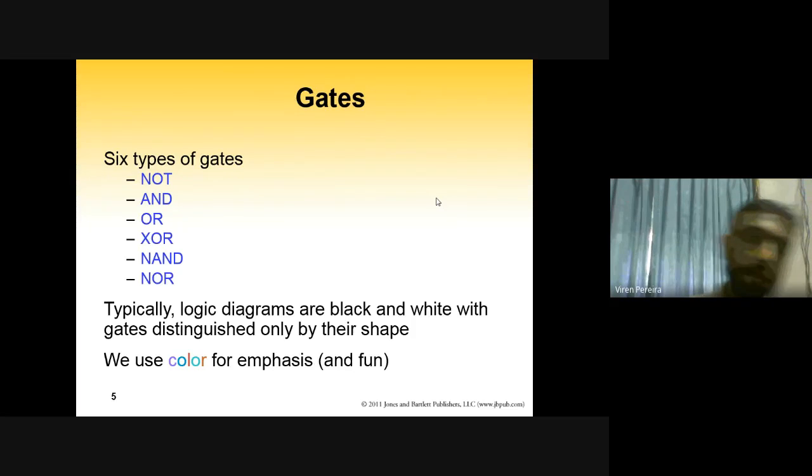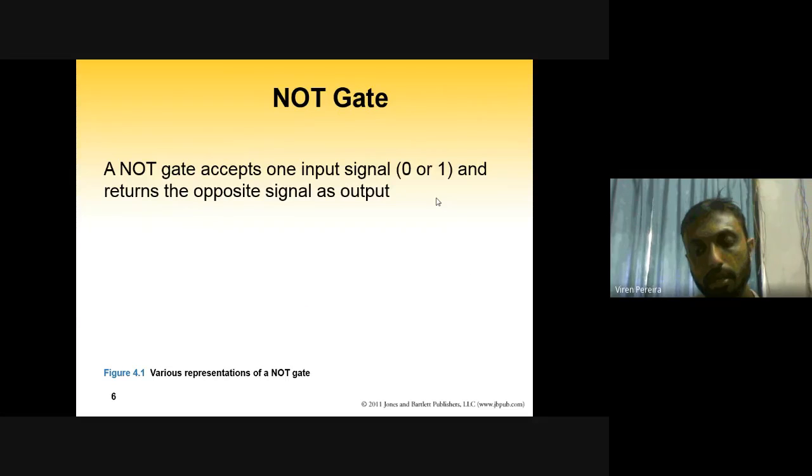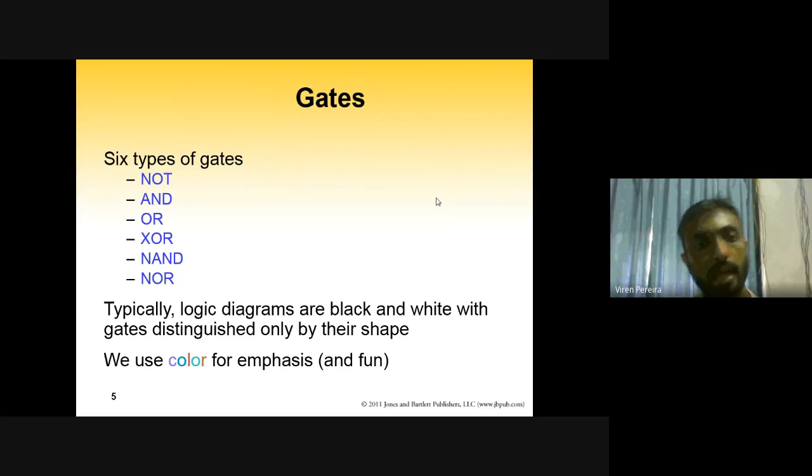Now say A and B are both 1. 1 into 1 is what? 1. So you have an AND gate. Same way, OR is addition. XOR, as I told you, is an exclusive OR gate. We'll come to that in detail. Then NAND, and then we have NOR.